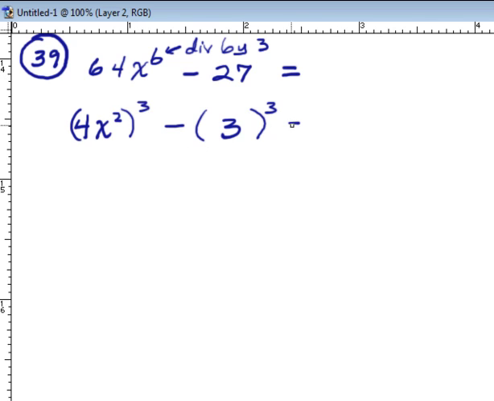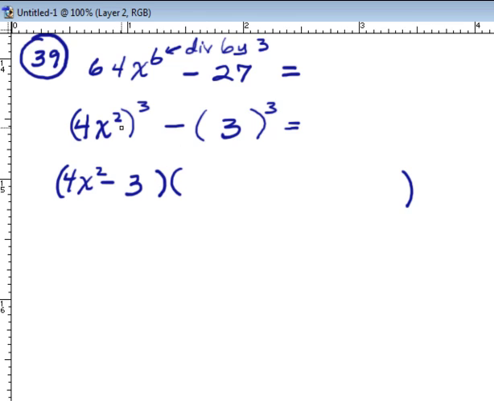Okay, so now we'll put down our small set of parentheses and our big one. Right here we put the 4x squared minus 3. And in the big set of parentheses, we have all pluses because the minus sign is in the first set of parentheses.